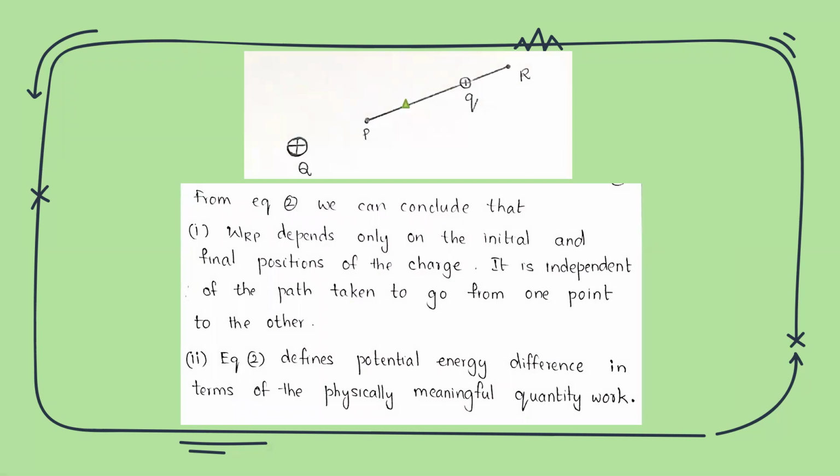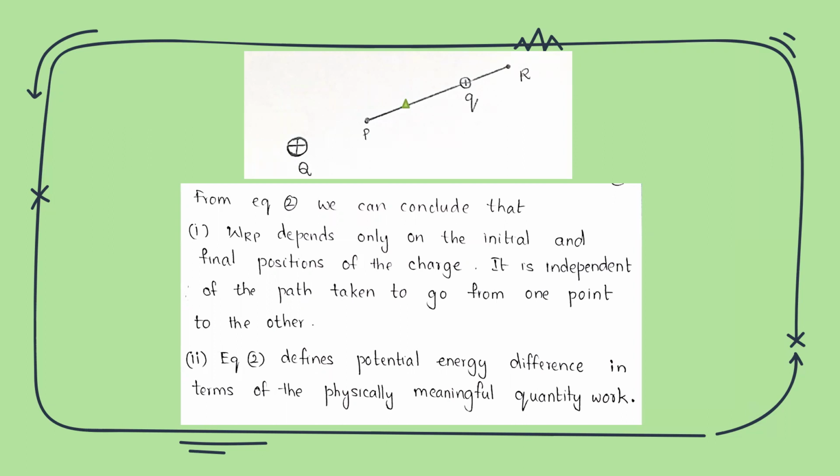So from this equation 2, we can conclude the first point: W_RP depends only on the initial and final positions of the charge. It is independent of the path taken to go from one point to the other point. Whatever path it may select, it does not depend upon the path.